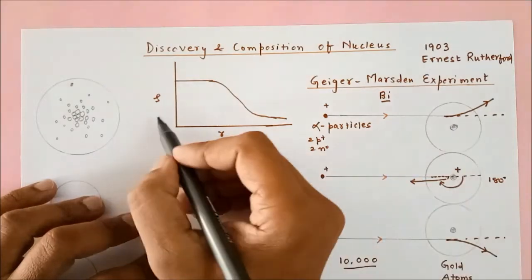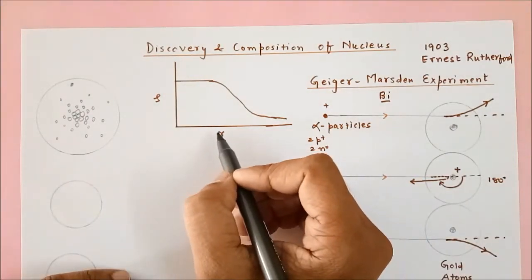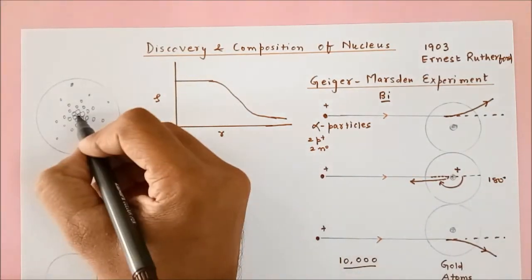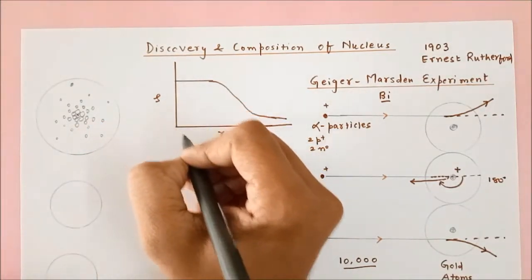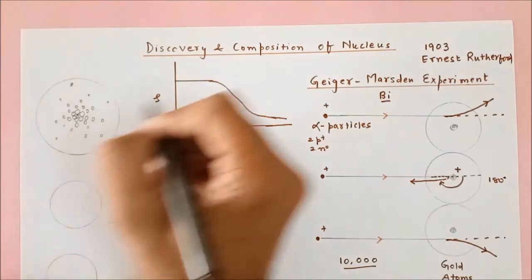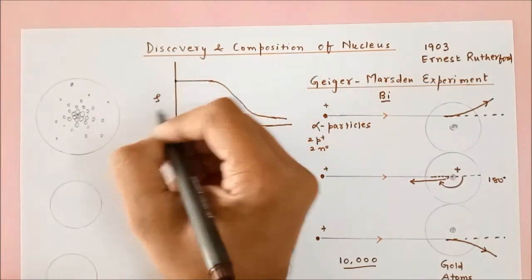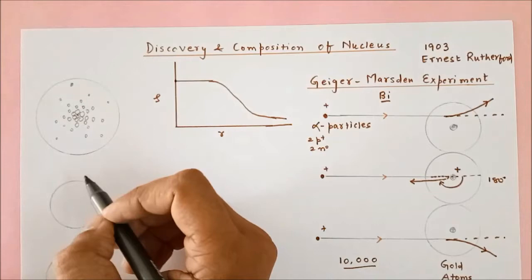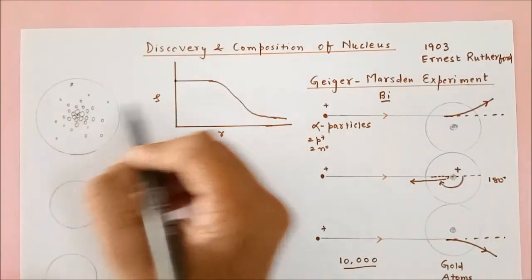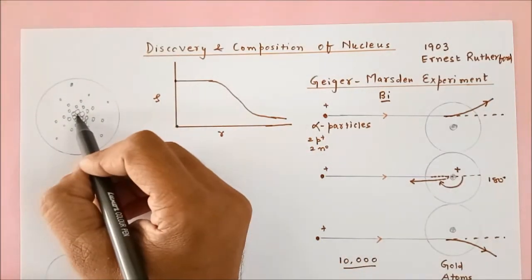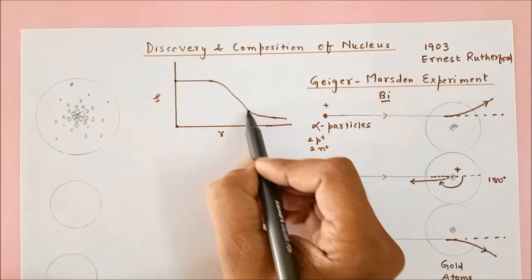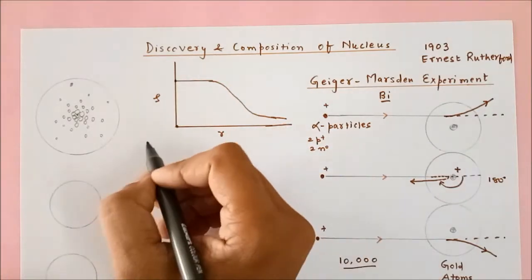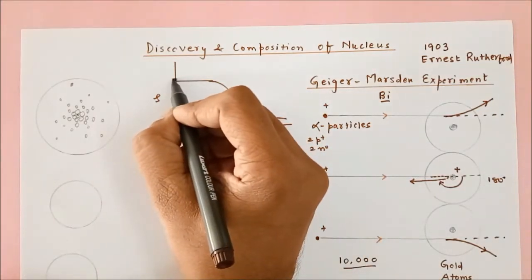Distance is measured from the center of the nucleus. We can see that at r equal to 0, that means at the center, maximum density is there. Maximum density means more protons and neutrons. As we go far away from the center of the nucleus, the number of protons and neutrons decreases because the density is decreasing. So this is the maximum density.